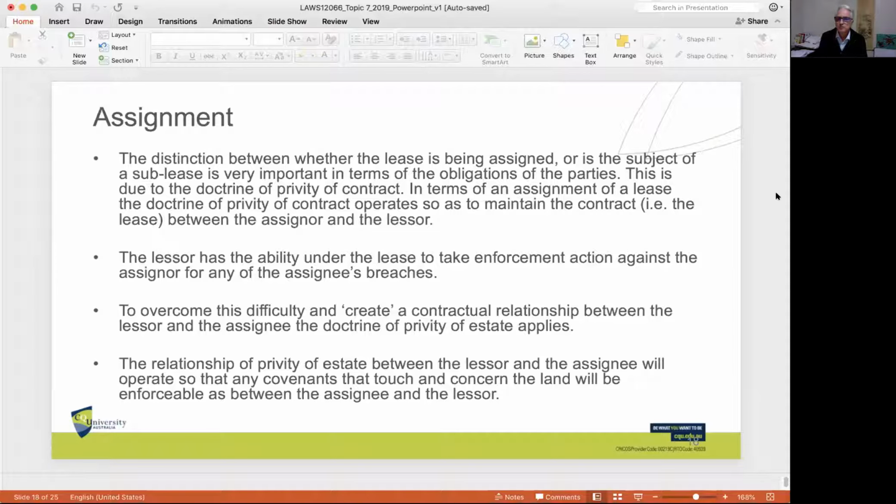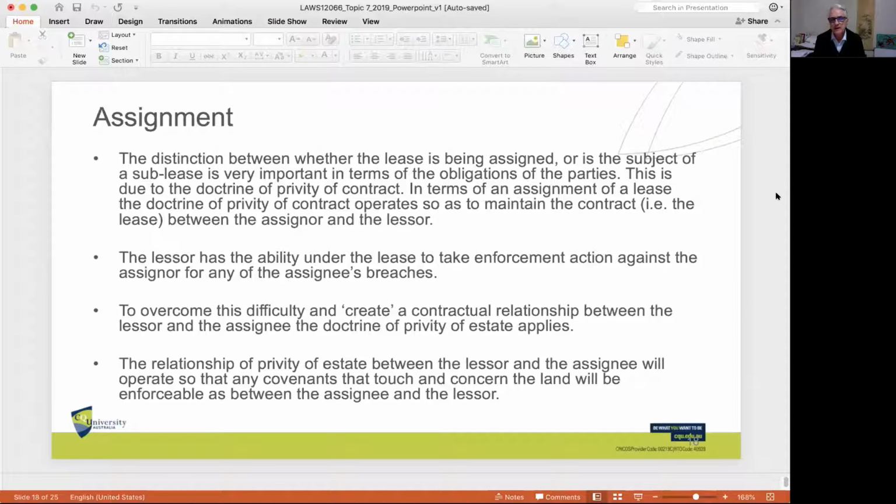This gives rise to thinking about what's been referred to as the doctrine of privity of contract. You can see there the first dot point, and then in the third dot point, this idea of privity of estate. What does this notion of privity of estate enable? Basically, it is a way of being able to take action against the incoming party, the assignee, when there isn't any original relationship.